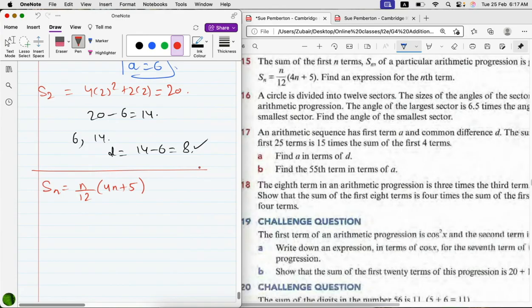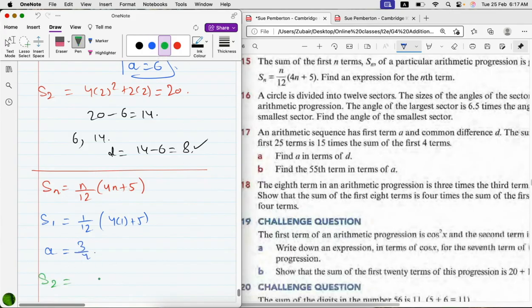So for nth term, we would need a and d both. So again, if I just substitute 1, this is 1 by 12, 4 into 1 plus 5 would give me the first term. 5 plus 4 is 9. 9 divided by 12 is 3 by 4. First term is 3 by 4.